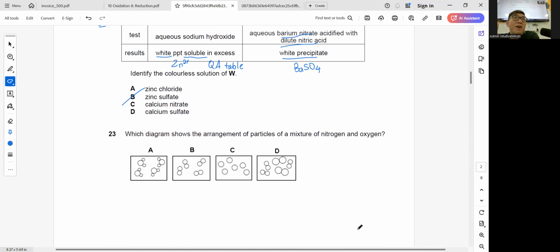And next we have question 23. One on B, I challenge you guys. It is a mixture. And 2B is everything the same size. Same size meaning what?